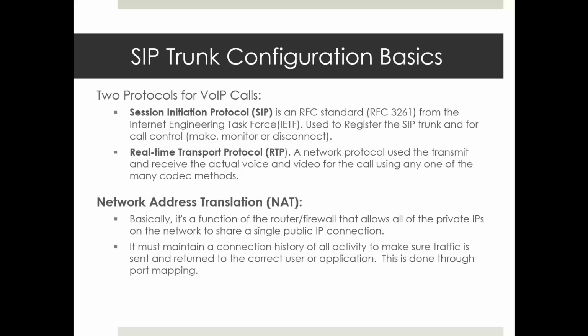So it's the job of the firewall and the router to manage all those connections, and the way that it does that is with port mapping, to make sure that the traffic is sent to the right users, the right PCs, and the right IP address. It has to keep track of all those connections going on simultaneously.